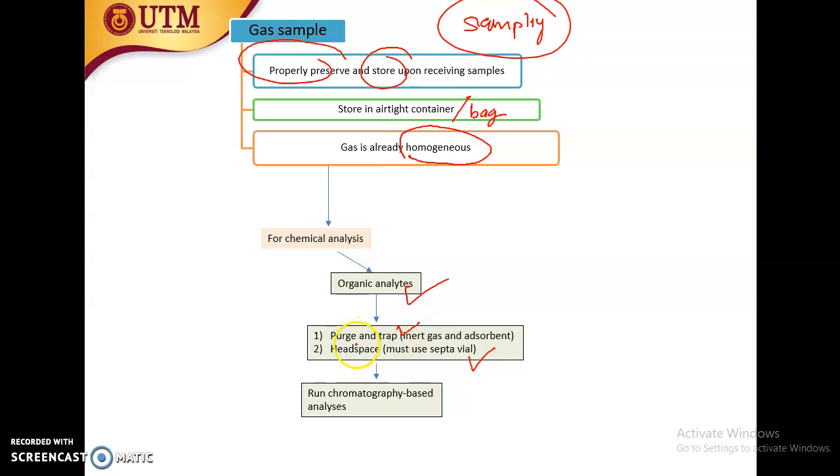The literal meaning of purge is that you are purging your gas into a column and then you trap it inside adsorbent. Sounds very much like SPE, right? It's the same case over here. And then you do chromatography analysis, GC, for example.